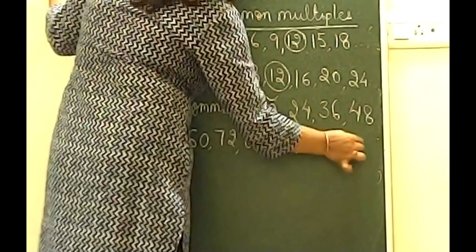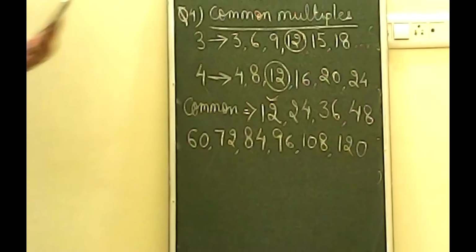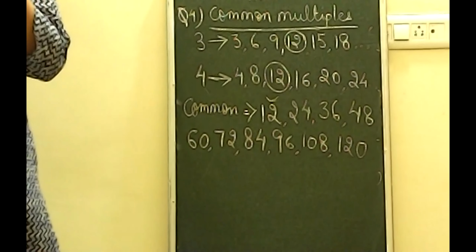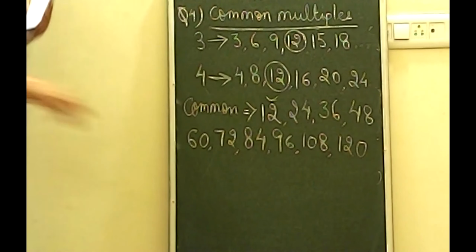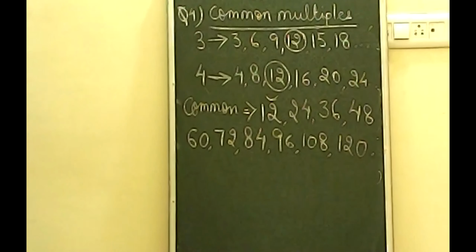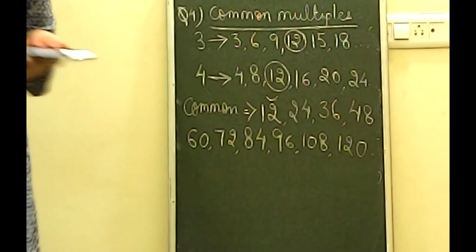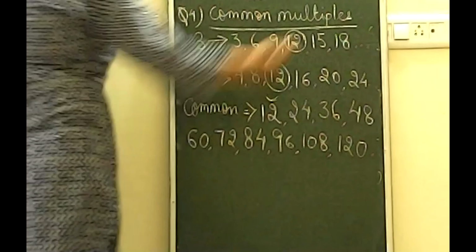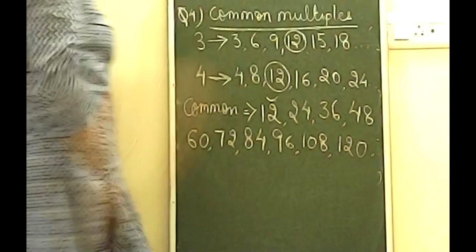and then 120. Now see, the question says you want the multiples less than 100. We wrote all the way up to 120, but remember that the question says we want only those less than 100. So we have written so many common multiples without writing the full table of multiples here.